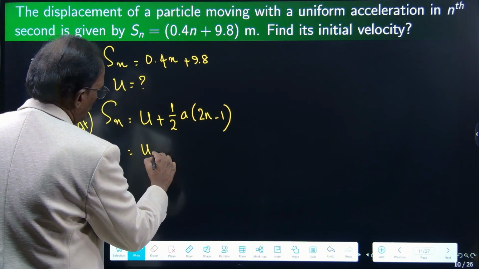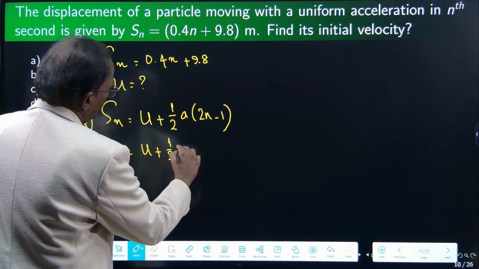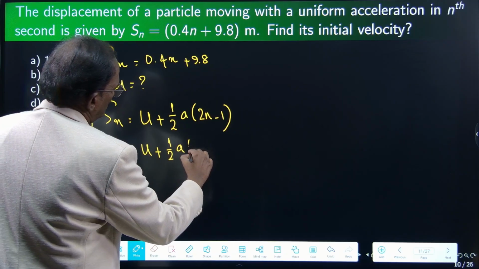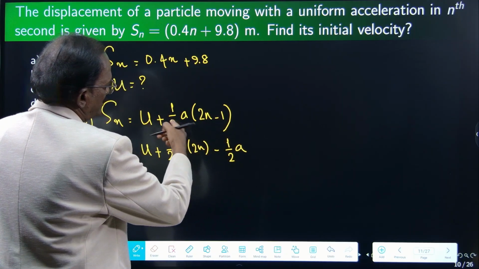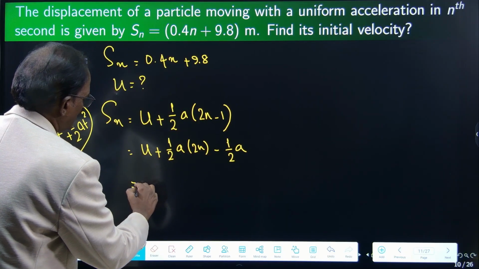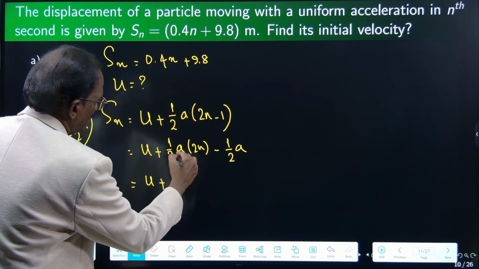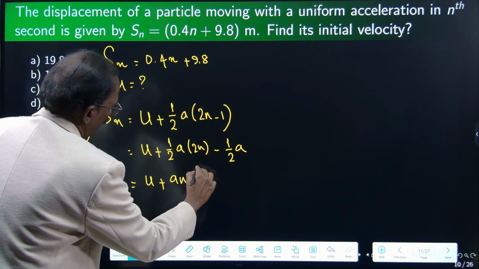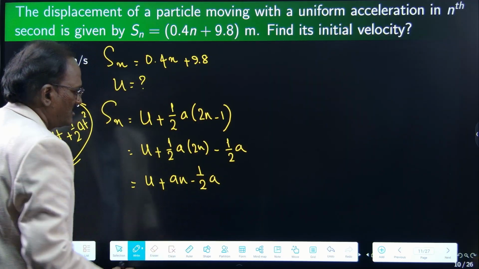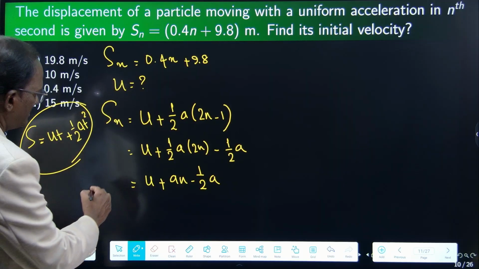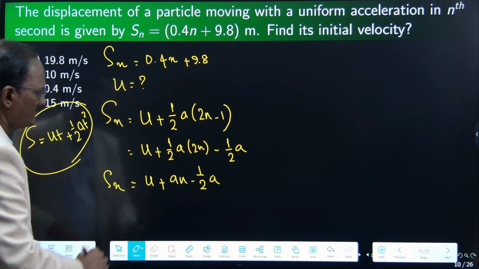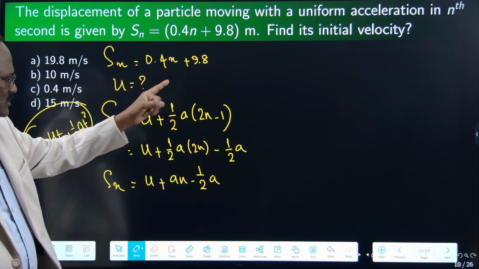So u + (a/2)(2n) - a/2. The 2 can be cancelled here: u + an - a/2. So here there are 3 terms, but here there are only 2 terms.